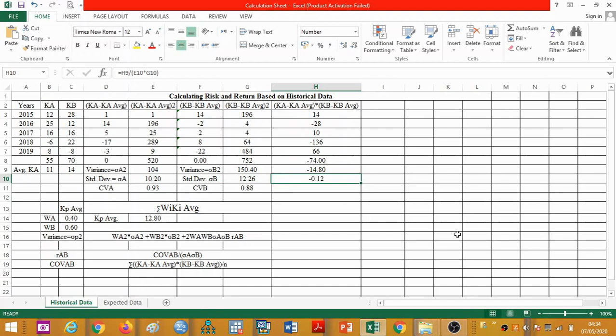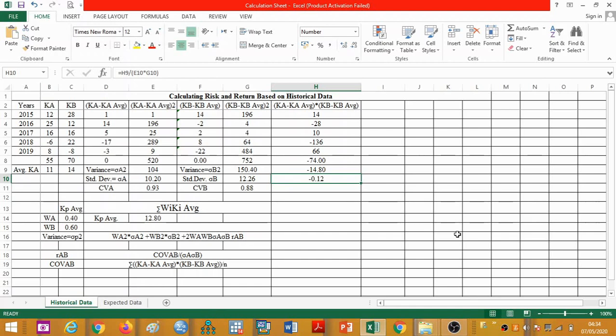So they move in the same direction and with the same magnitude, while with -1 the magnitude is the same but they are in the opposite direction. If the correlation coefficient is equal to 0, it means that the two securities are statistically independent, that they have no statistical correlation with each other.